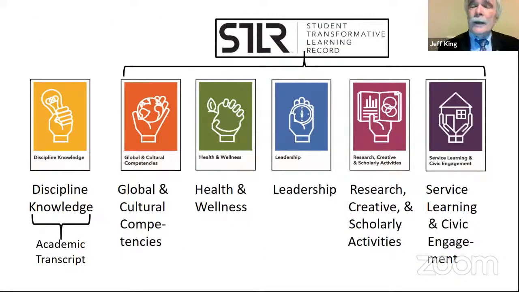And so at our institution, what our Student Transformative Learning Record process does is to develop students in the 5 areas that you see on the right, because our 6 central tenets, as we refer to them, also include discipline knowledge, which is what shows up on the academic transcript.